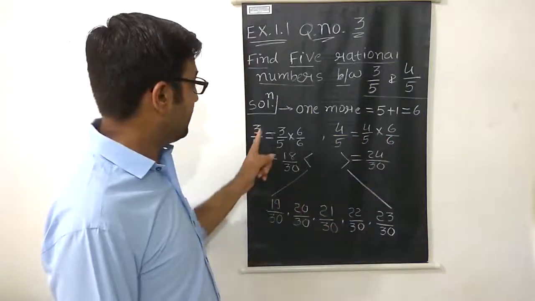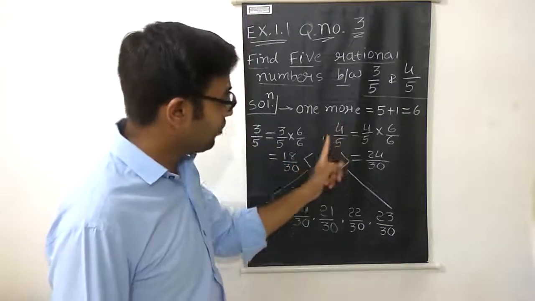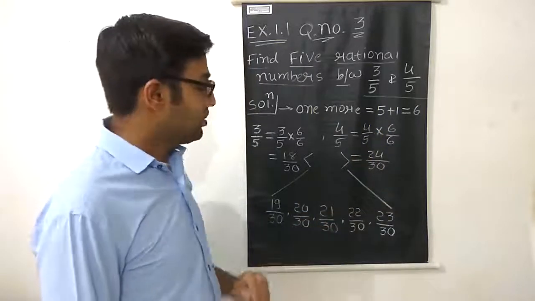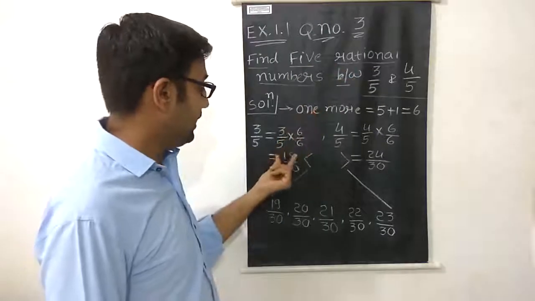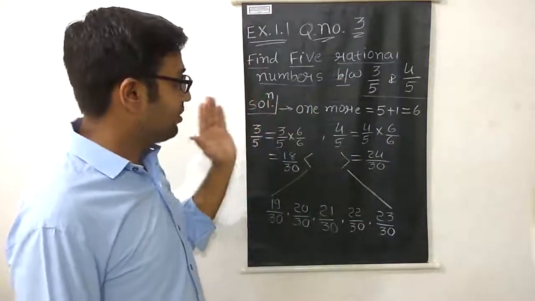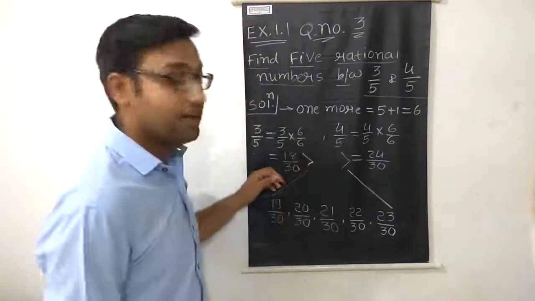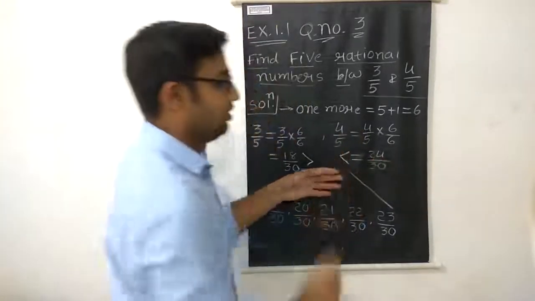So we represent 3 upon 5 as 18 upon 30 and 4 upon 5 as 24 upon 30. Now we have to find 5 rational numbers between 18 upon 30 and 24 upon 30. That means the number should be greater than 18 upon 30 and less than 24 upon 30.